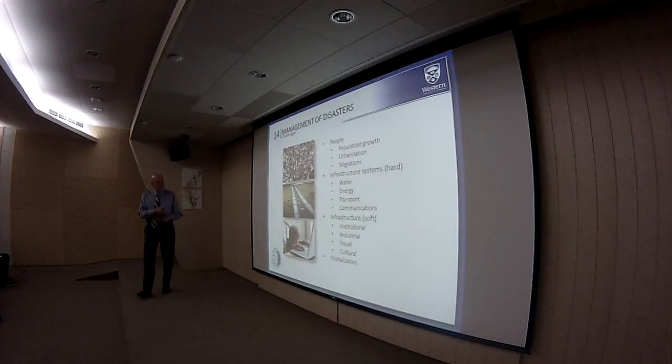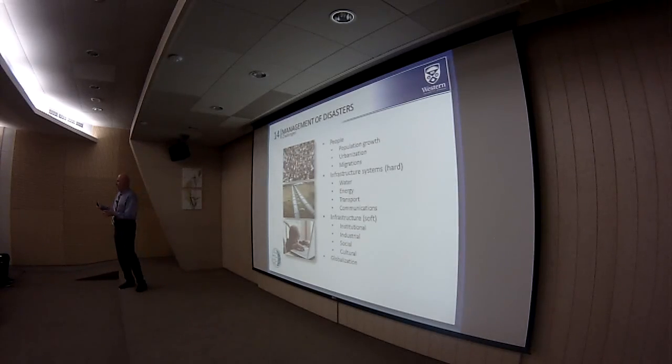The challenges come from the fact that people and infrastructure systems, both hard and soft, are changing. We have tremendous population growth. We have a growth of the urban populations. 80% of the world population is predicted to be in urban environments very soon. We have migrations.